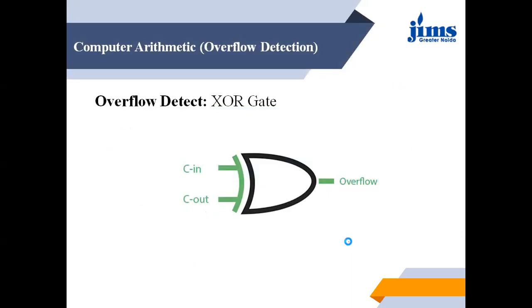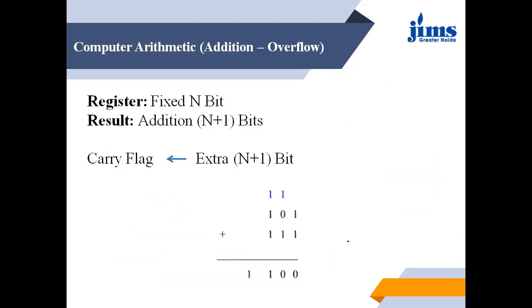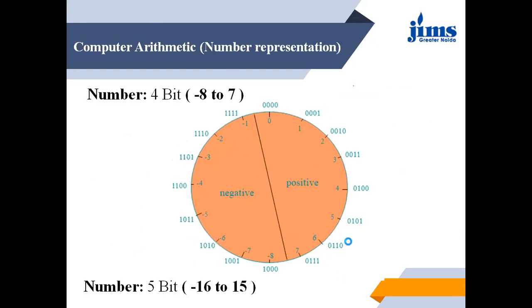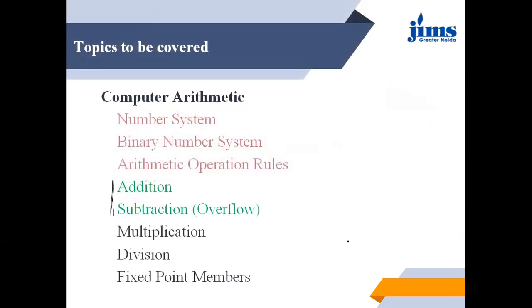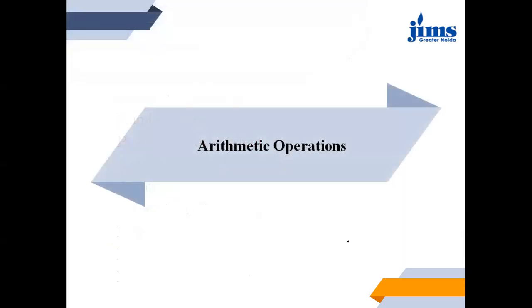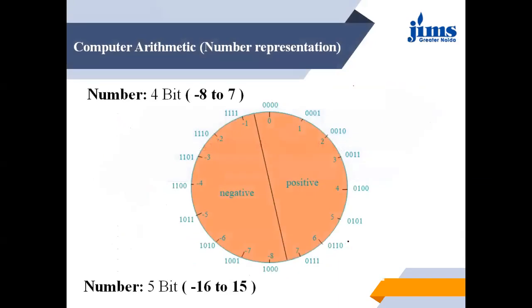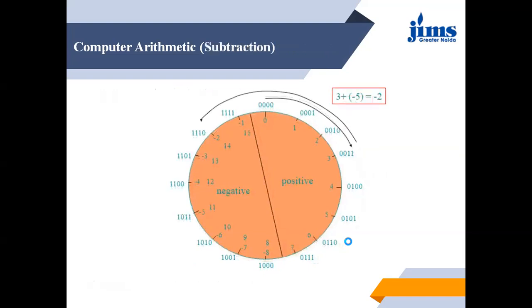So let me summarize what we discussed today. In today's class, we discussed addition and subtraction, the representation of positive numbers and the representation of negative numbers in a circuit, then the addition operation as well as the subtraction operation.